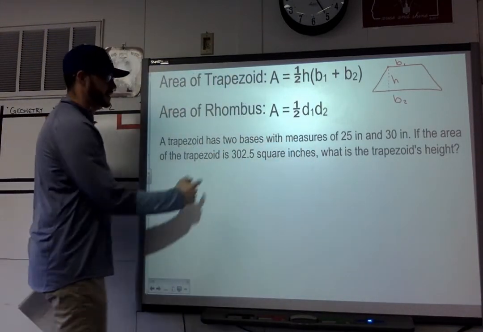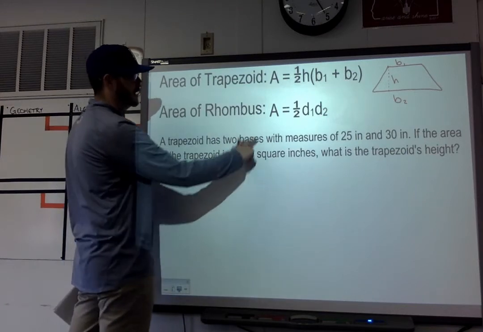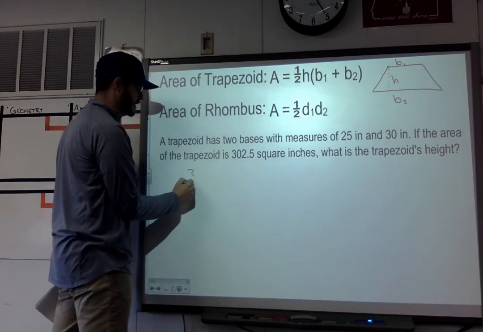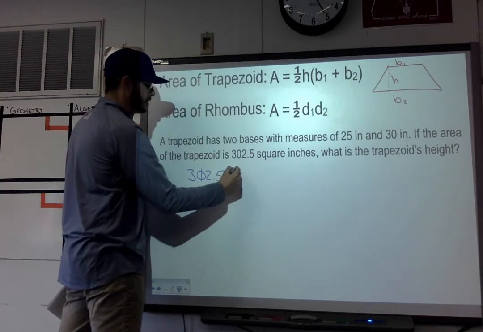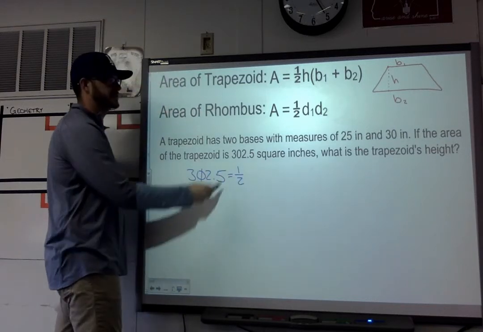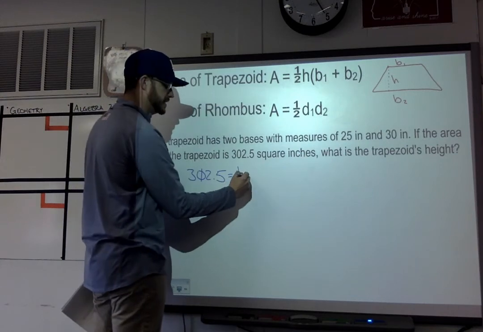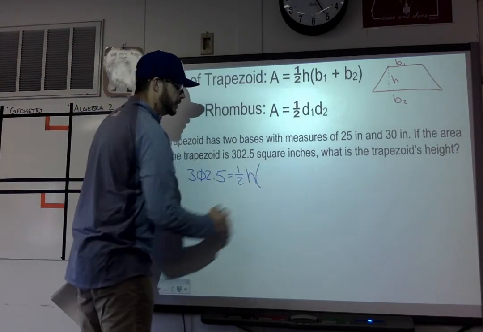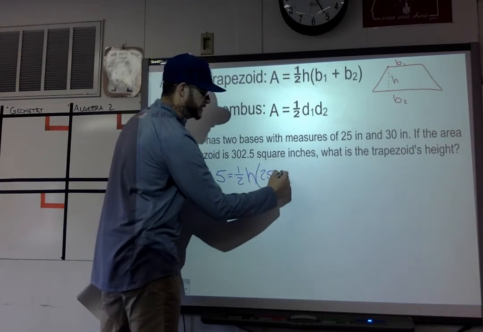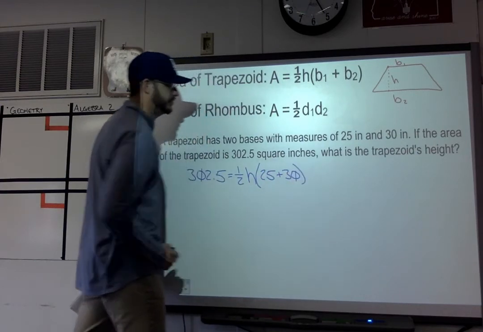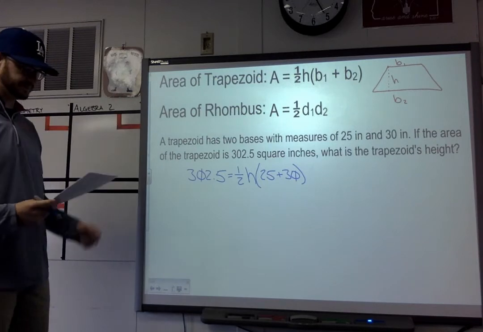We know the area is 302.5, so we're going to plug that in for A. 302.5 equals 1/2 times the height, which in this case we don't know, times base 1 plus base 2, which we know the bases are 25 and 30 inches.